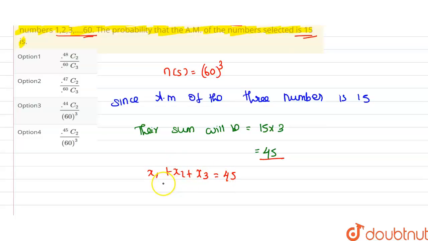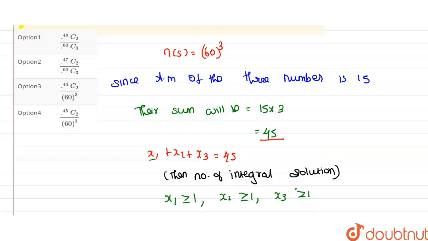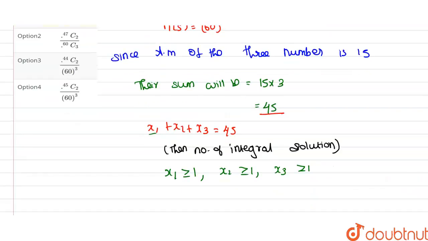So that means we need the number of integral solutions. Here x1 will be greater than or equal to 1, x2 will be greater than or equal to 1, and x3 will be greater than or equal to 1.